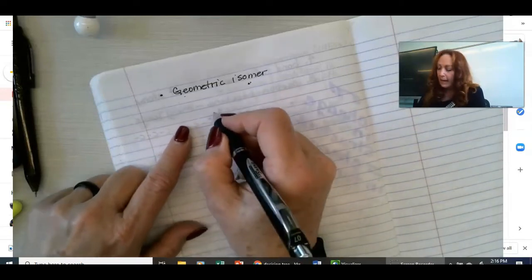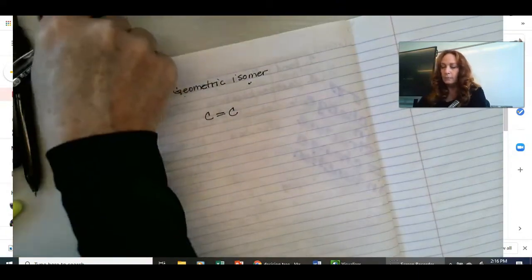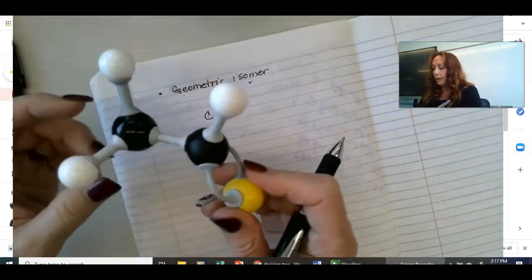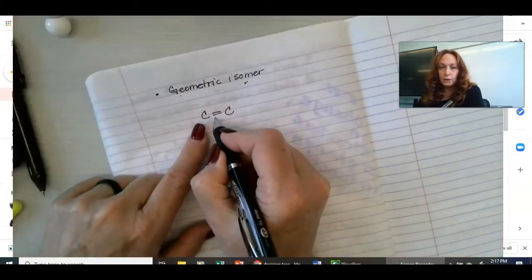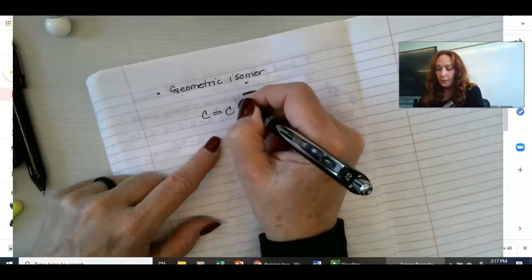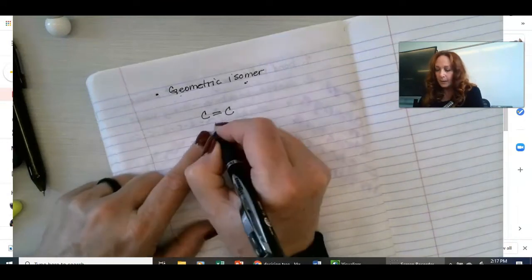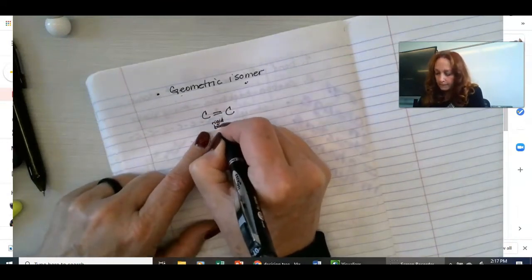If I have carbon double bonded to carbon, which I don't have, but if this would be a double bond, this is rigid. It cannot rotate. Whatever I put up here at the top is going to stay at the top. It's not able to spin, so this is a rigid bond.